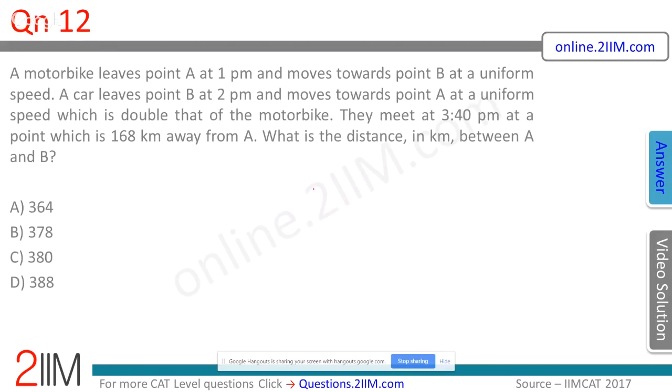The motorbike leaves point A at 1 p.m. and moves towards point B at a uniform speed. A car leaves point B at 2 p.m. and moves towards point A at a uniform speed, which is double that of the motorbike. So the bike travels at X, the car travels at 2X.